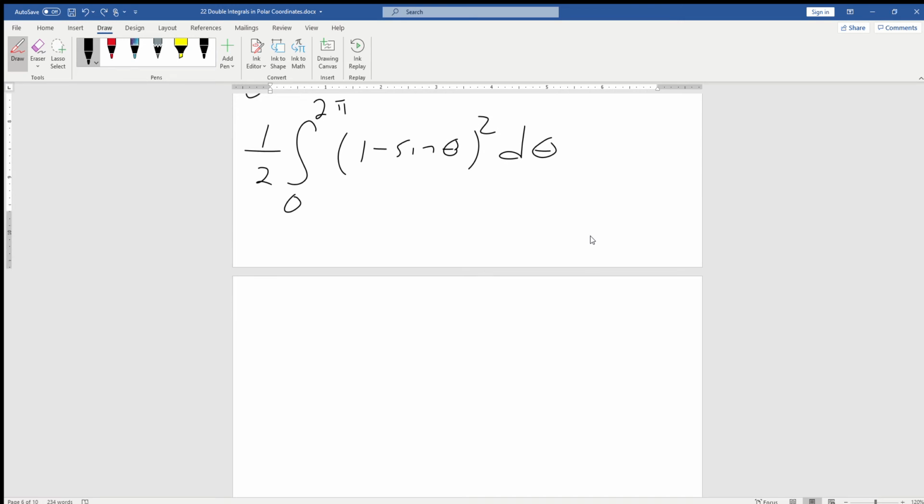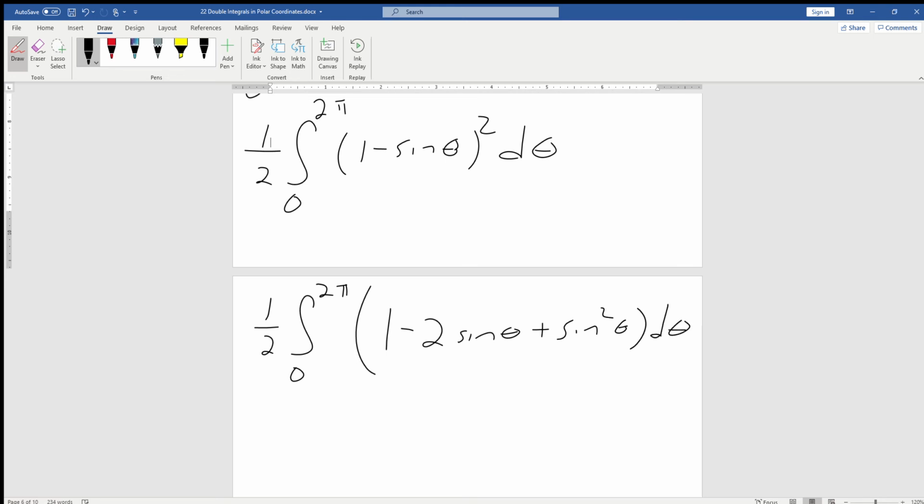Let's FOIL this out. By FOILing, we have 1/2 integral from 0 to 2 pi of 1 minus 2 sine theta, so you just double the product of the two terms, plus sine squared theta, d theta.